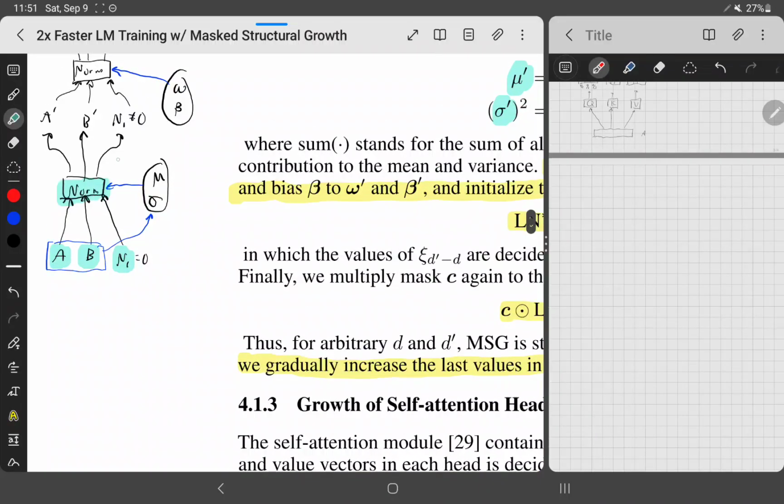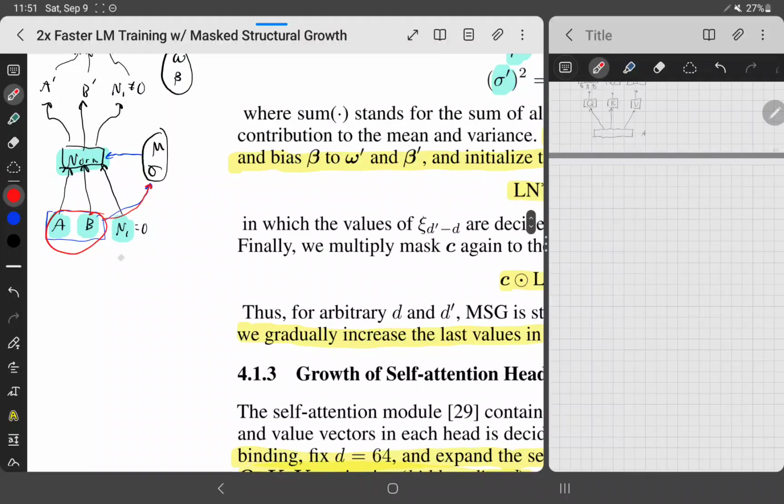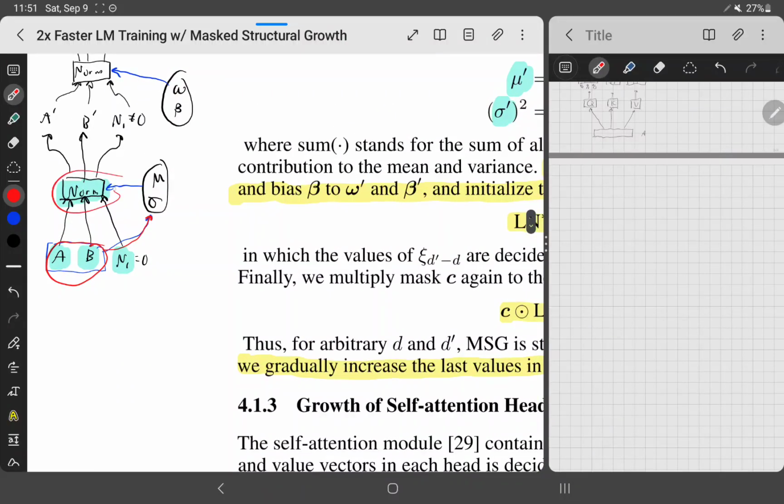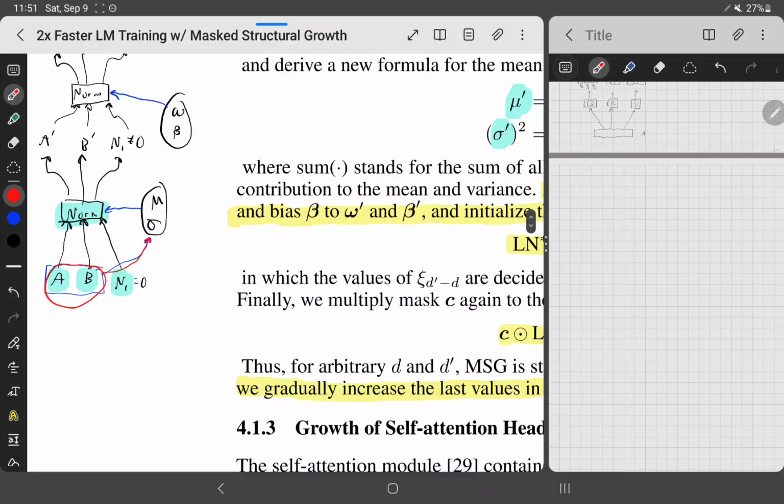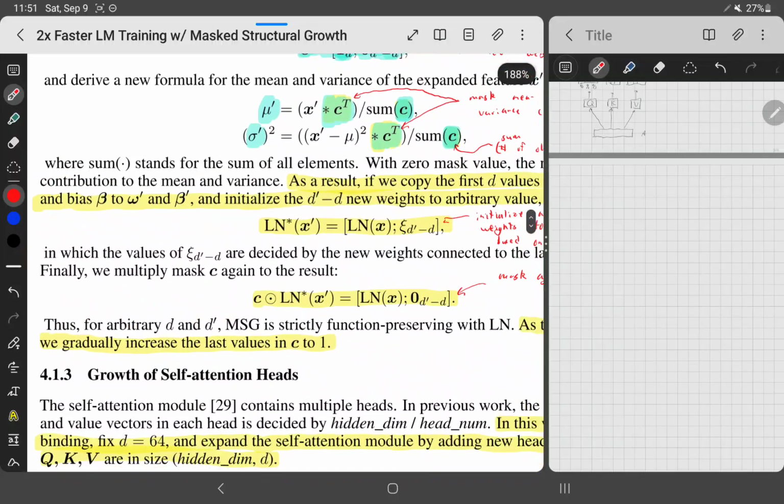Then for our initial norm, where the model doesn't have its new parameters, all we do is take the old parameters and calculate the mean and standard deviation on them, but we don't look at the new parameter. And then we normalize all the values in this vector by this mean and standard deviation, including the old values and the new values.